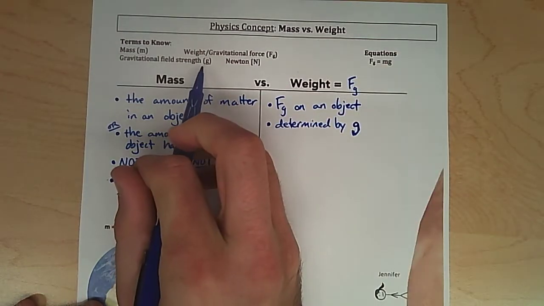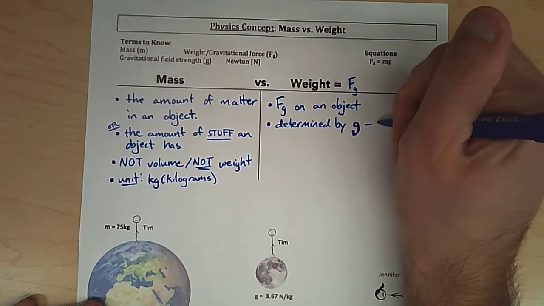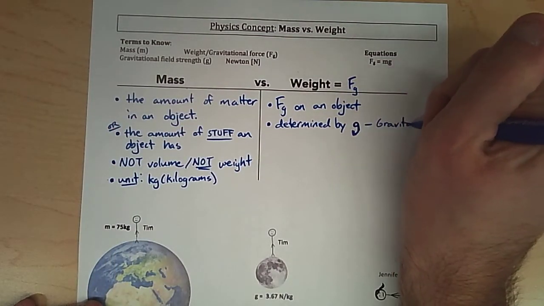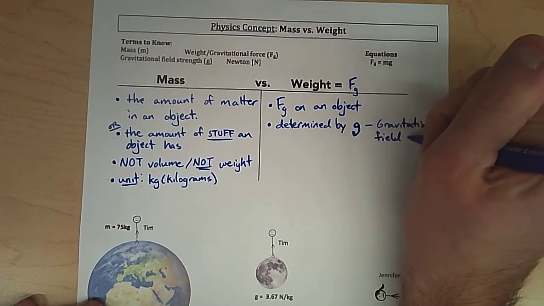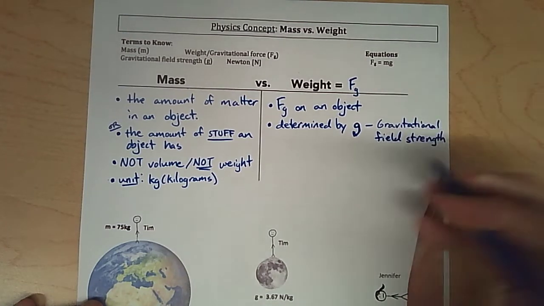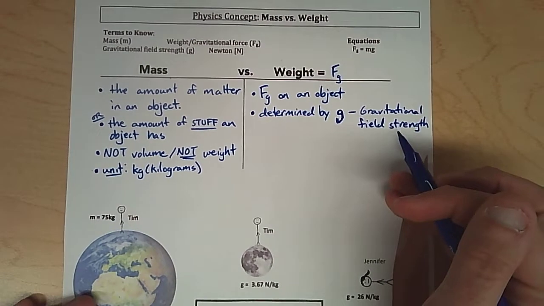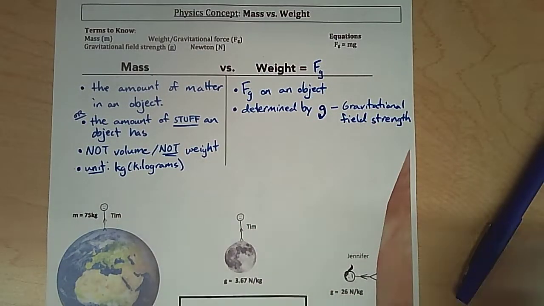So g is over here, and that stands for the gravitational field strength. Really all this is just a measurement of the gravitational pull of a certain planet.